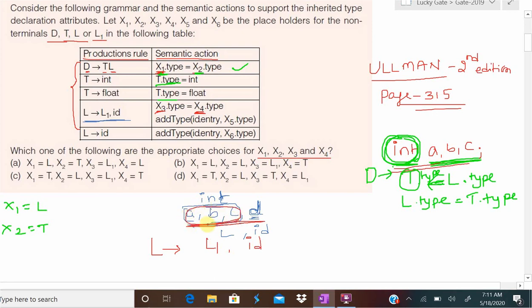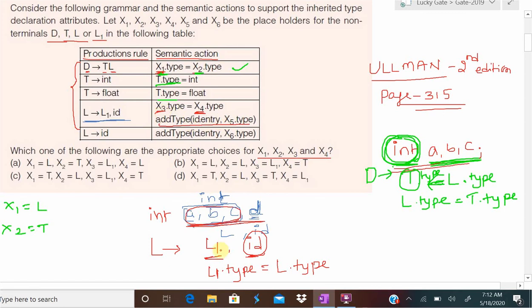Assuming integer, whatever the type of the list of identifiers, L1 type, this identifier should take the type of L, and ID is specifically mentioned as the identifier to be added into the symbol table.